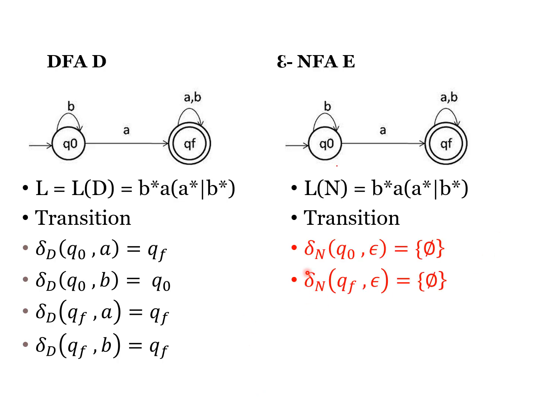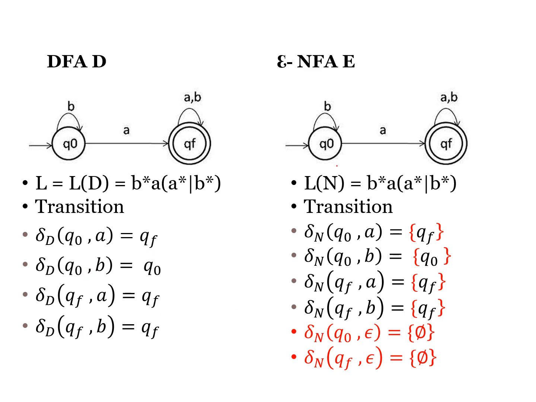There are two states in the DFA, Q0 and QF. For these two states you add the transitions delta of Q0 comma epsilon is equal to null and delta of QF comma epsilon is equal to null. And then for each transition in the DFA you add a transition in the NFA also. For the transition in the DFA on state Q0 with input symbol a, it goes to QF.